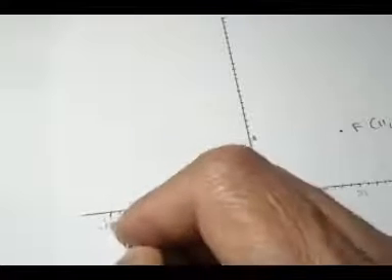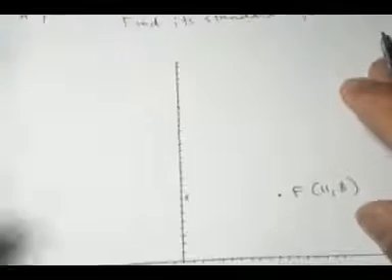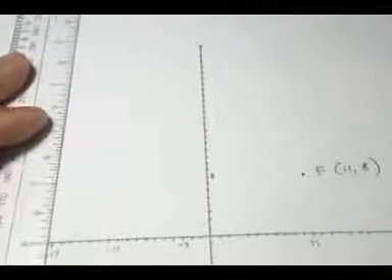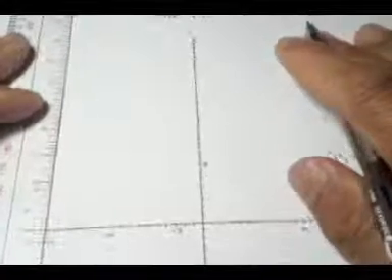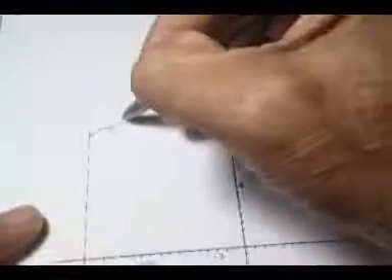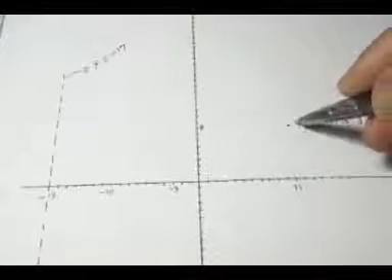So this is negative 17, and our directrix is this equation. x equals negative 17 is this line. This line has equation x equals negative 17. Okay, and this is our focus.